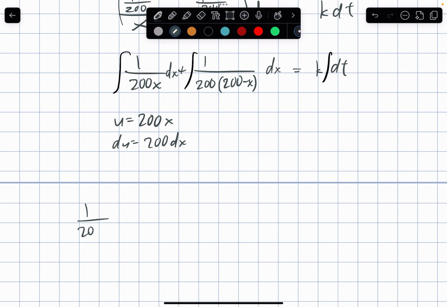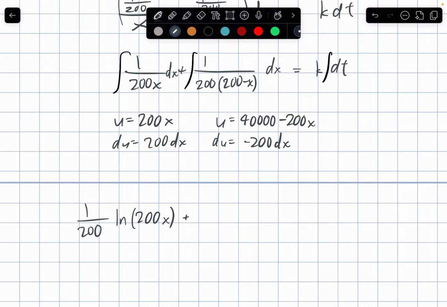So 1 over 200 ln x, ln u. Okay, next. u is 200 times 200 minus x. Let's simplify this already. Negative 200 dx.